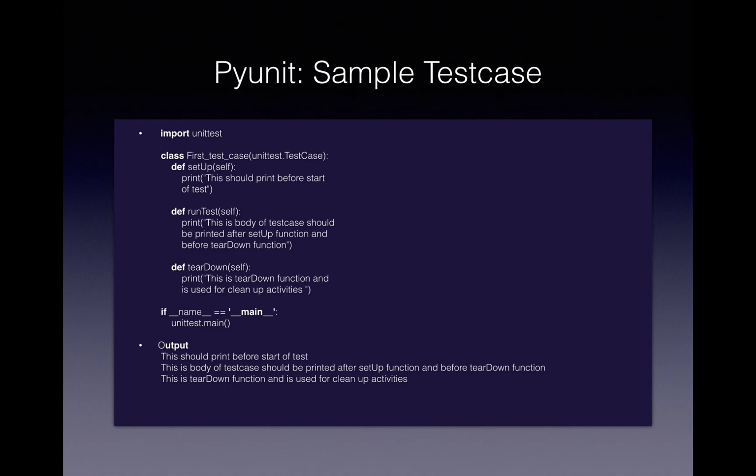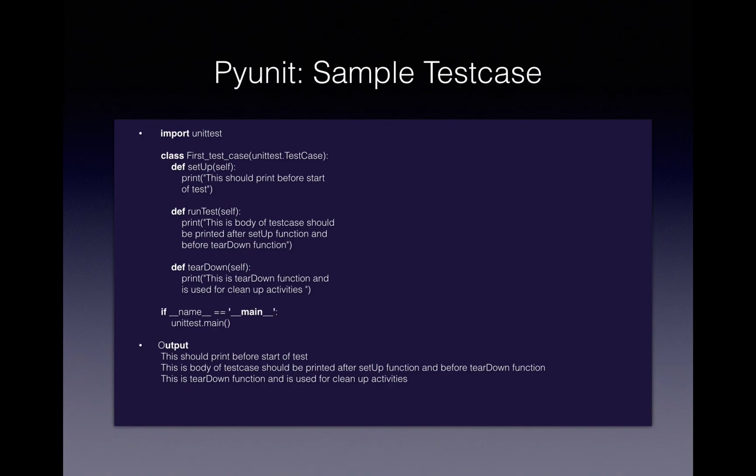There is another statement printed in that, and now come these two magic lines which will execute this test case: if __name__ == '__main__', unittest.main() should be executed.